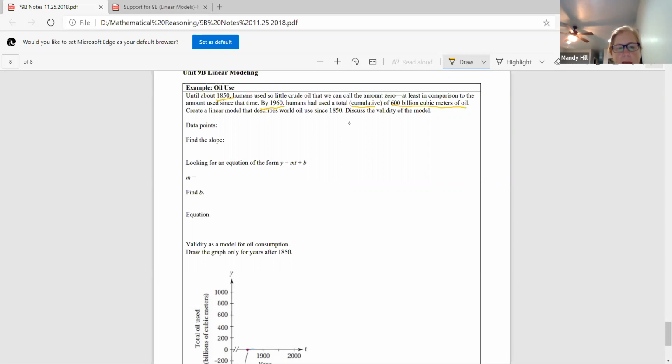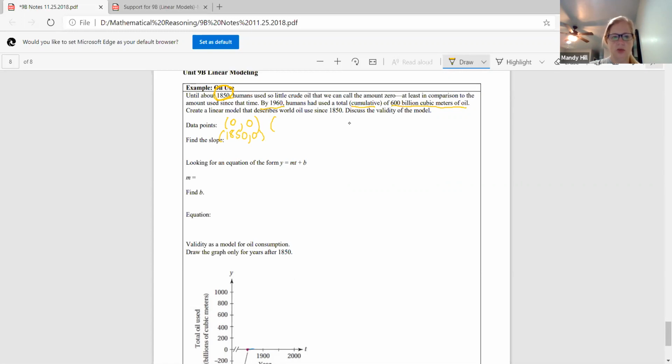Well, we have a data point at 0 time has gone by, 0 oil, and this represents time that's gone by since the year 1850. Another way to represent this would be 1850, 0.